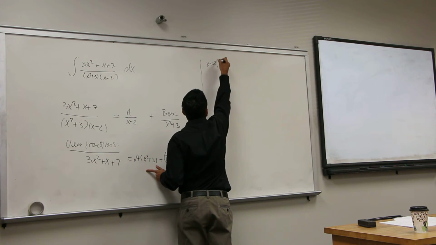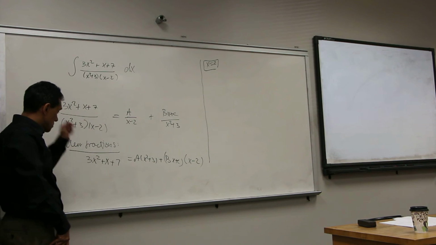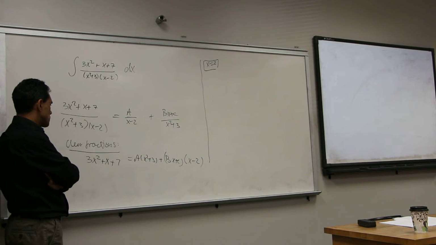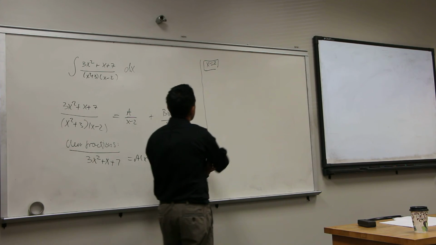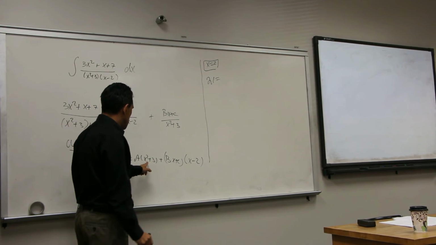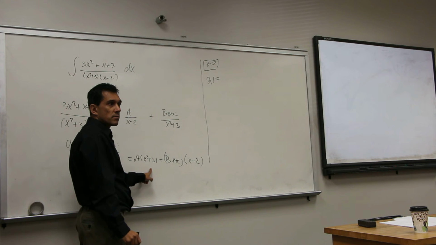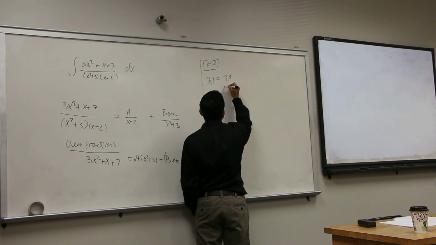When you put in x equal to 2, you will get 21 on the left, and 7a on the right. 7a is equal to 21. So a is 3.